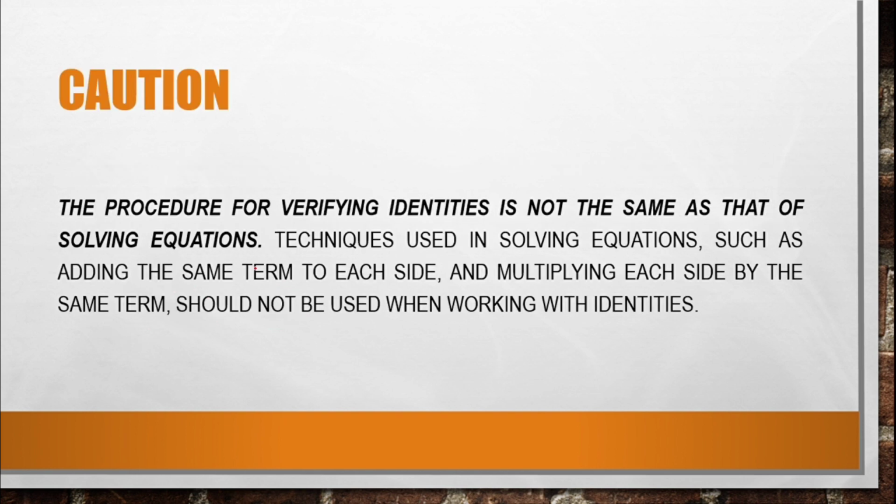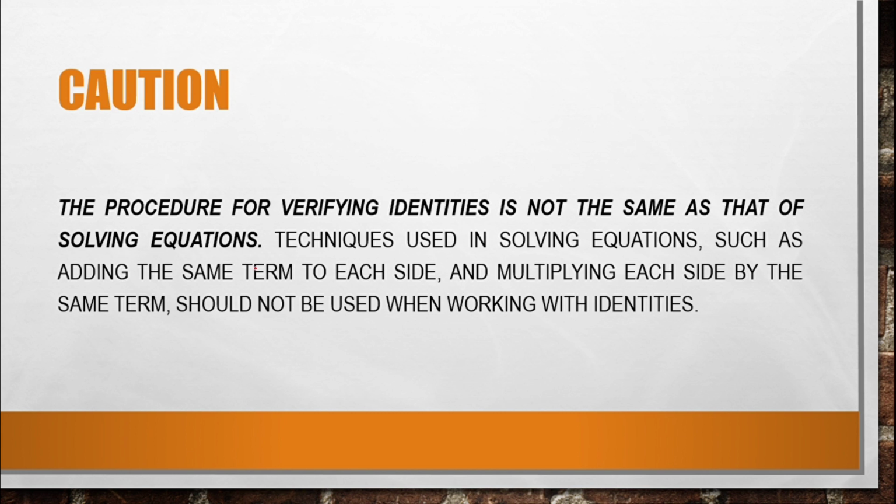The procedure for verifying identities is not the same as that of solving equations. Techniques used in solving equations, such as adding the same term to each side and multiplying each side by the same term, should not be used when working with identities. So take note of that. Not all the time can we make use of algebraic concepts. At this time, we could not multiply both sides, but we have to multiply by 1 plus sine x over 1 plus sine x, because that is still equal to 1.